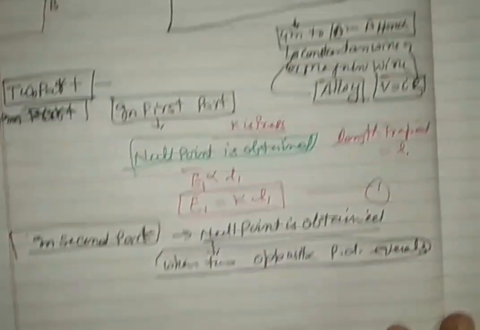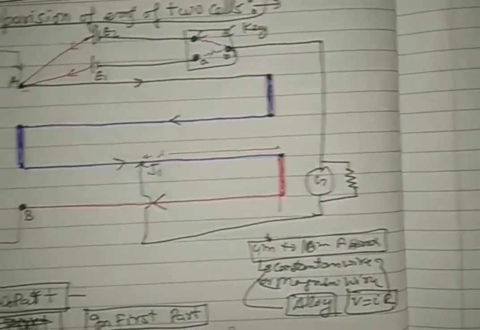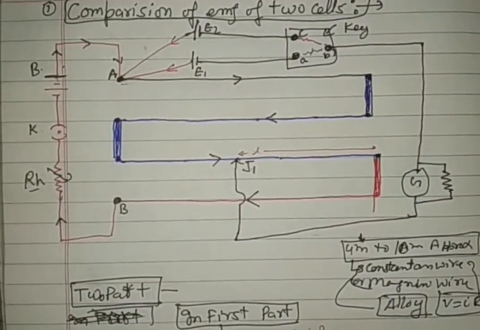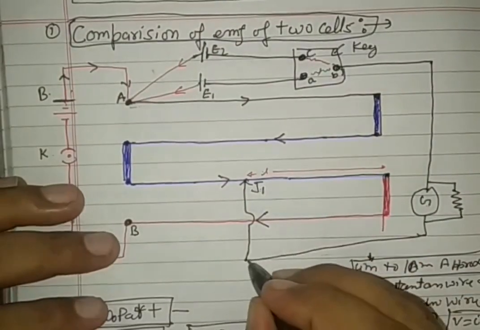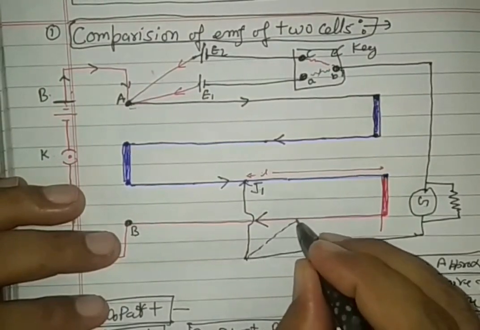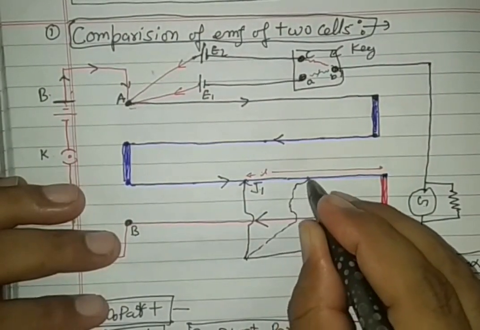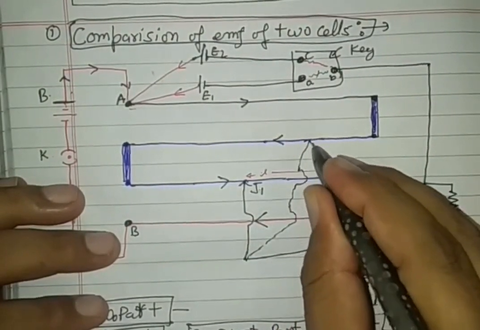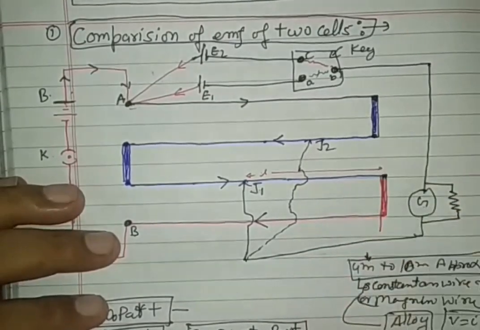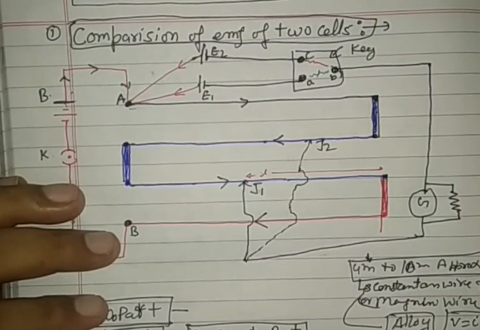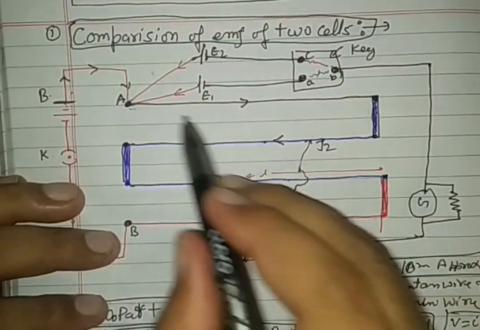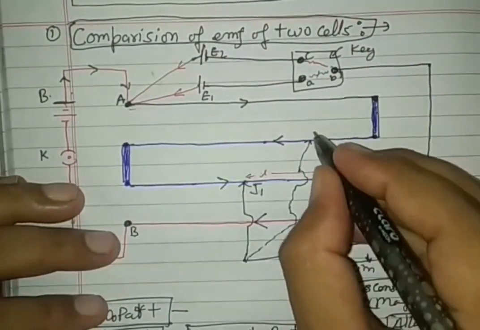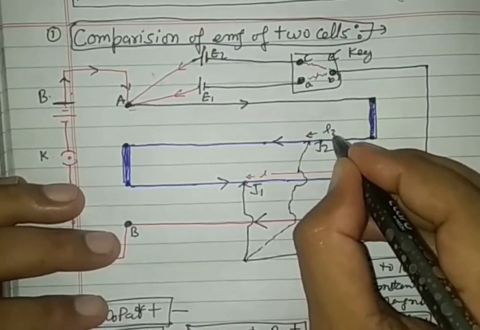See in the diagram now, focus. It is an experiment based, so see, let in the second case this jockey come at this point J2. Now see which length is trapped here for the EMF of the second cell: 1 meter total, and this length L2.